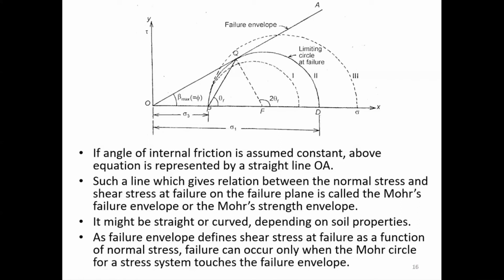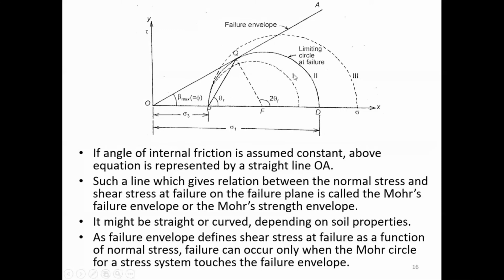Okay, so as this failure envelope OA defines the shear stress at failure, tau f is equal to sigma f tan phi, shear stress at failure as a function of normal stress. So failure can occur only when a Mohr circle for a stress system touches this failure envelope, isn't it? Suppose my stress system is represented by this circle 1.